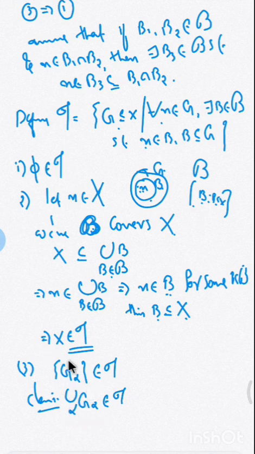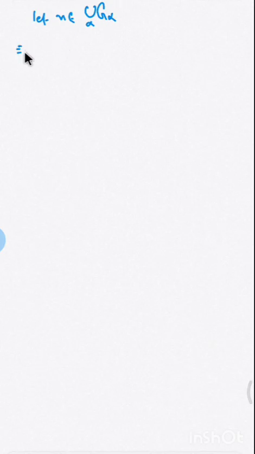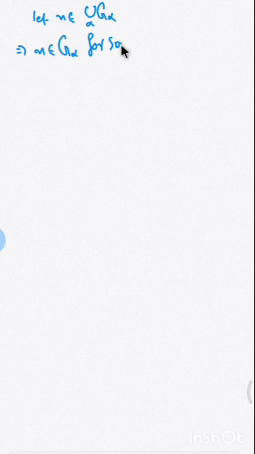Okay, so I am taking one arbitrary element from the union over alpha of G alpha. Let X belong to the union over alpha of G alpha. Which implies X belongs to G alpha for some alpha, because an element belonging to a union means it belongs to at least one of the sets, for some alpha. And what is G alpha?